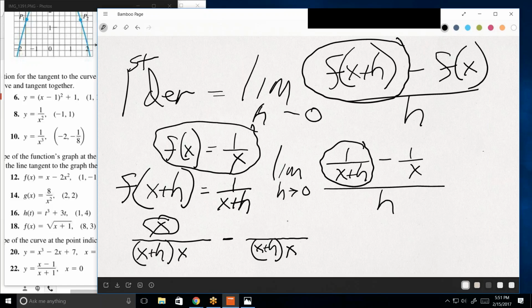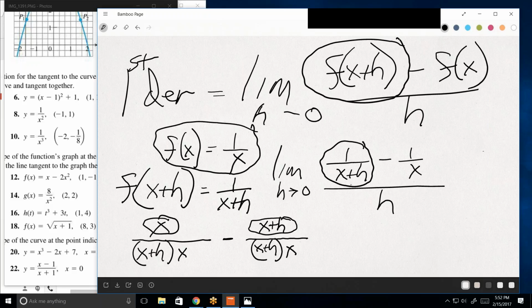Okay, what goes here? x plus h. Here's the way you figure out what you get in your numerator. You take this denominator, I don't know if you can tell where I'm pointing or not. Can you see where I'm pointing now? No. No, you can't.